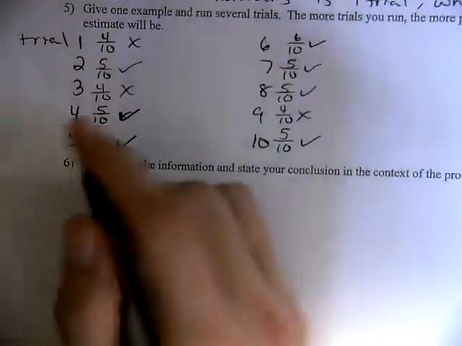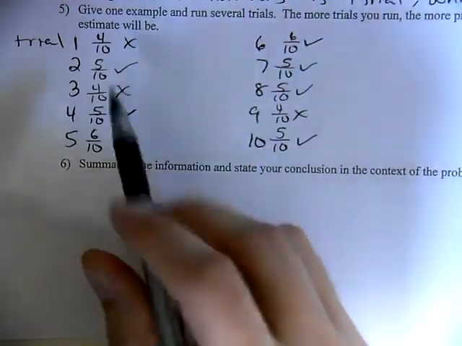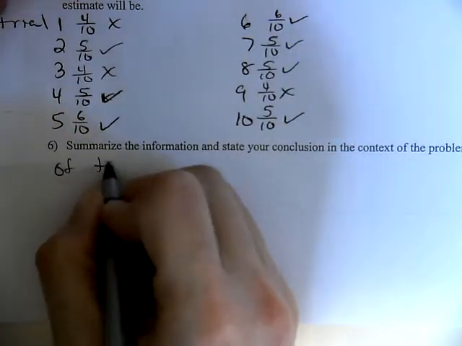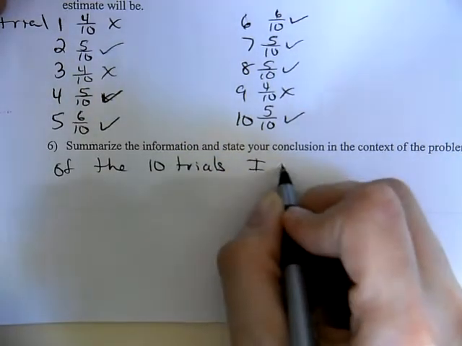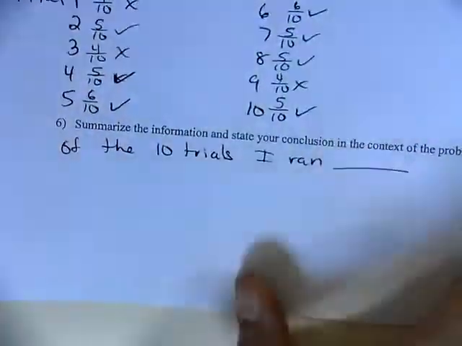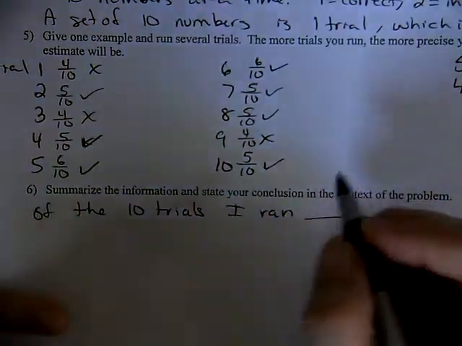Okay. So we simulated us taking 10 quizzes and just guessing, and this is how many times we got things right. So, of the 10 trials I ran, now each one's going to be different, and what I would usually do is have the students do this on their own, and then they would complete the sentence on their own.